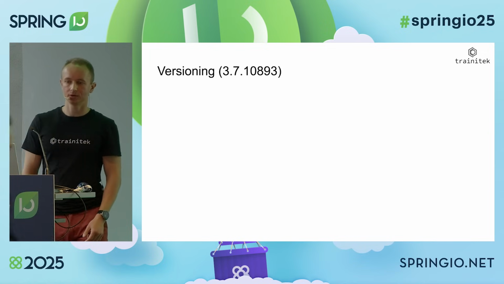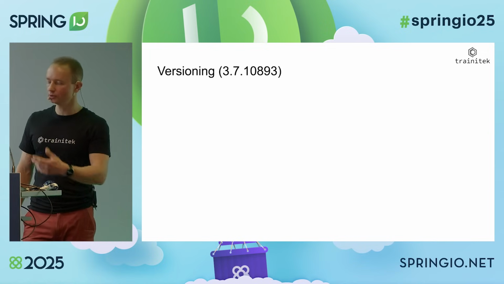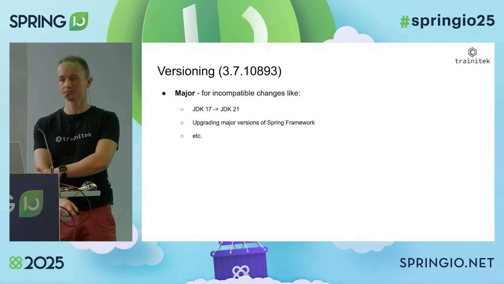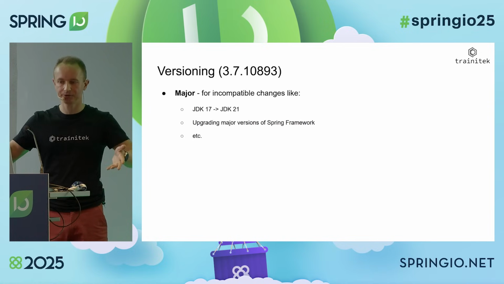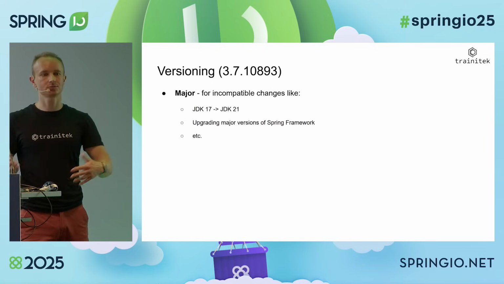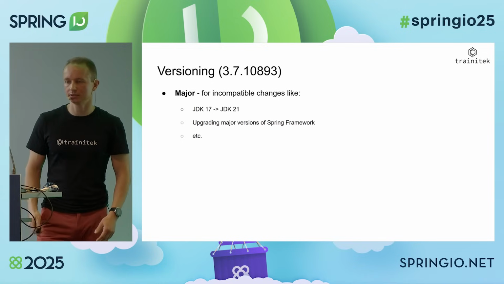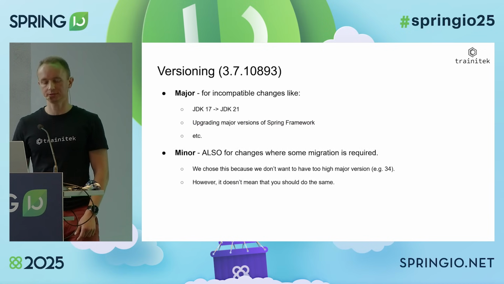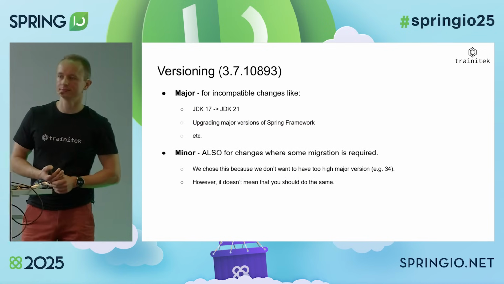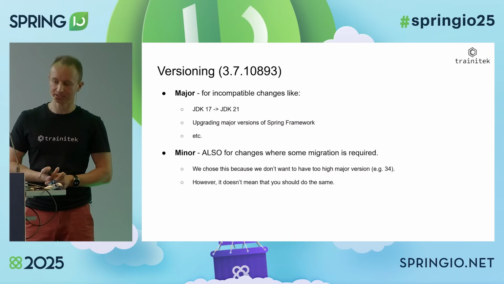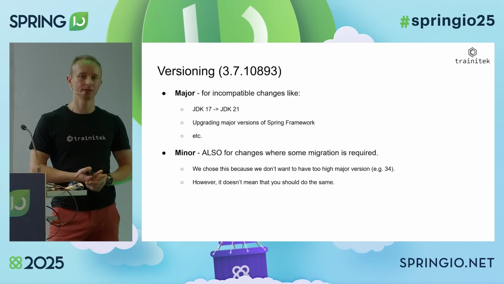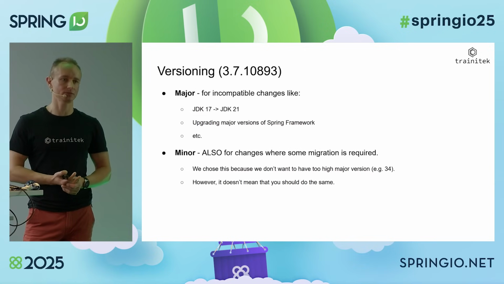Versioning. We actually kind of follow semantic versioning, and we use major versions for big migrations, like from JDK 17 to 21, or upgrading the Spring framework. So we use major versions for that. However, we don't comply with the minor versioning guidelines, because sometimes we use minor versions where a little migration is required as well.